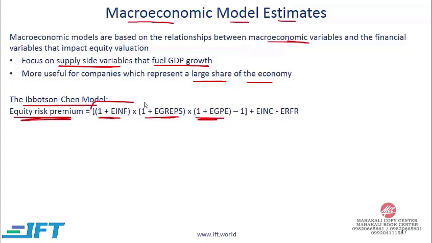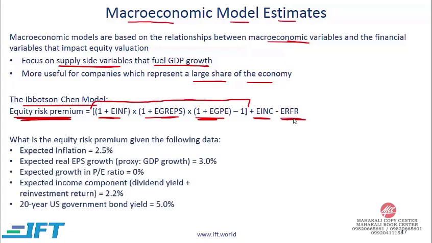So in essence, this can be thought of as the appreciation in price. And then we add the expected income component. This would be dividend income plus any reinvestment income. And then since we are calculating an equity risk premium, we subtract the expected risk-free rate.